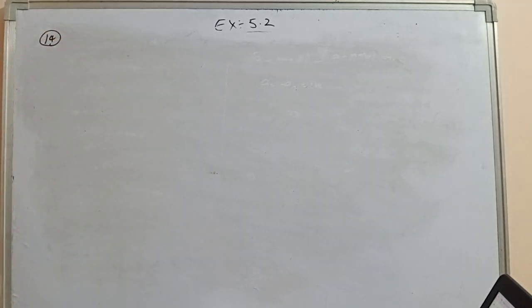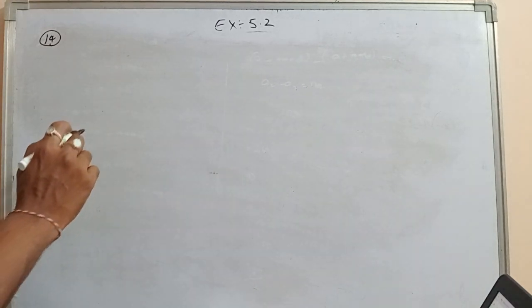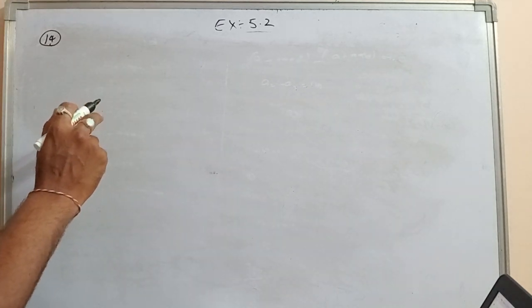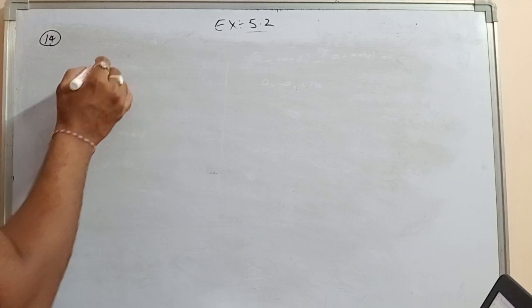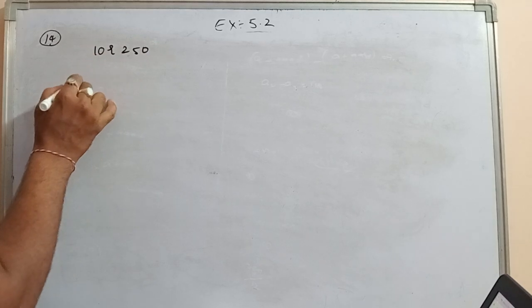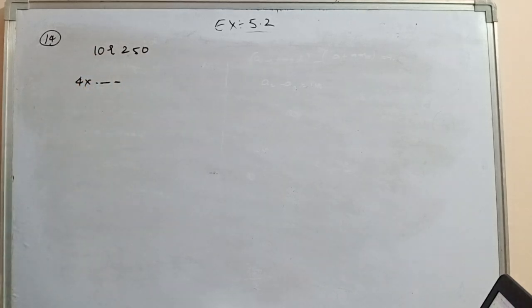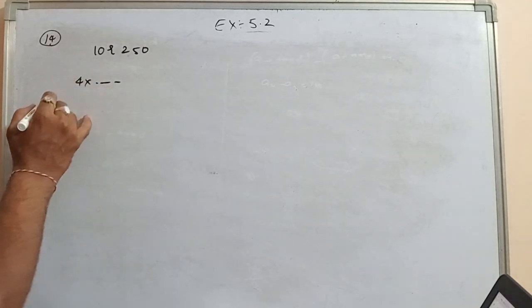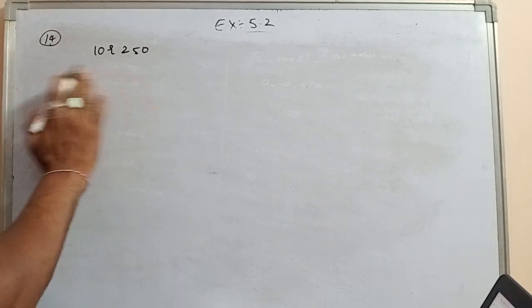In the 14th problem, it is given: how many multiples of 4 lie in between 10 and 250? Multiples of 4. The next multiple of 4 will be 16 in such a way.